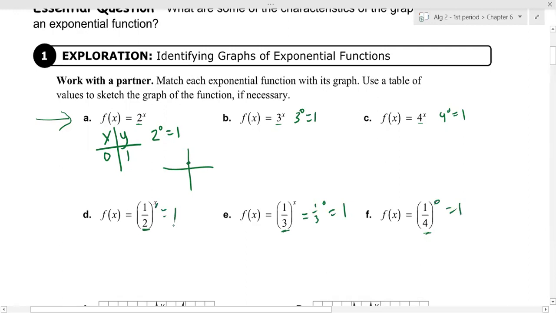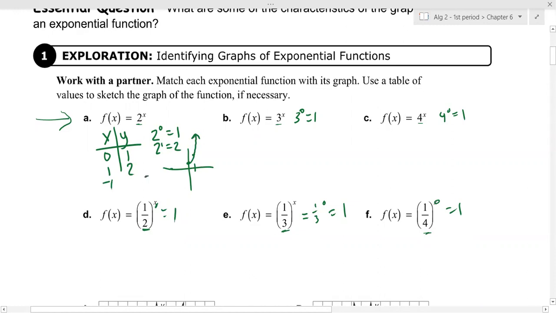All right, then to know the difference between certain growth graphs and certain decay graphs, I look at what happens when I plug in 1. When I plug 1 into this function, I get out 2. 2 to the 1 is just 2. And so I'm looking for one that goes through (1, 2). So my graph's going to look something like this so far. Now on the other side, what if I plugged in a negative 1?